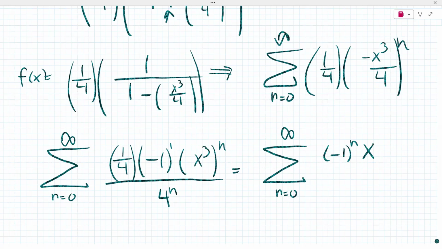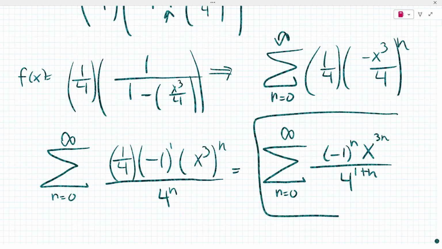And then 3 raised to the n is 3n, and 4 can be expressed as 4 to the n plus 1. And I guess this could be your final answer.